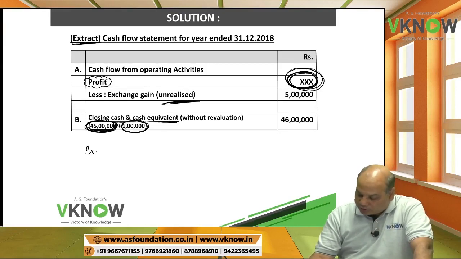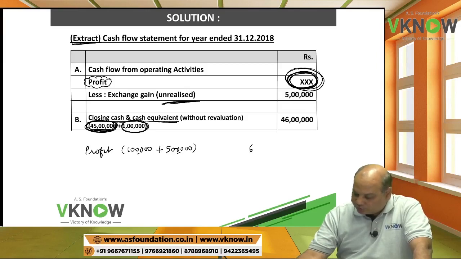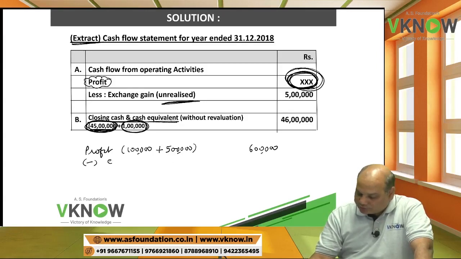Otherwise, you'll have to write like this: profit 1 lakh interest income, 5 lakh exchange difference, 6 lakh. Somebody wants to write like this: less exchange gain unrealized.